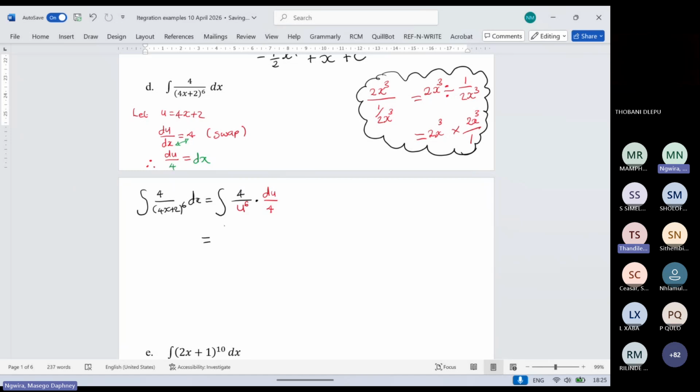So we're going to have 4 over 4, and then 1 over u to the power 6.